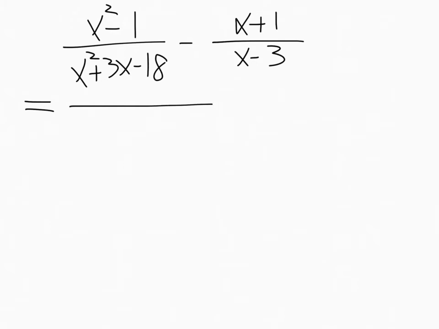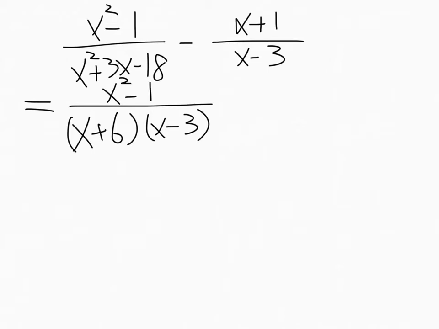Instead, I try to simplify from the beginning, thinking about what two numbers, when you multiply together, give negative 18, and when you add them together, give positive 3. This is to see if I can factor the quadratic in the first term's denominator into something that I can recognize from the second term.